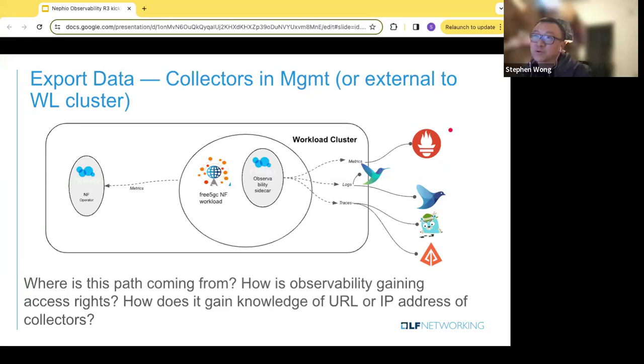By default, they have no idea what that IP address is. We expose that using a service and maybe an external LB, but then we don't have a DNS server that sits between the two where we can insert the IP address. But even if you have a DNS, which is private to Nephio, you still need to resolve the IP address and be able to communicate it.